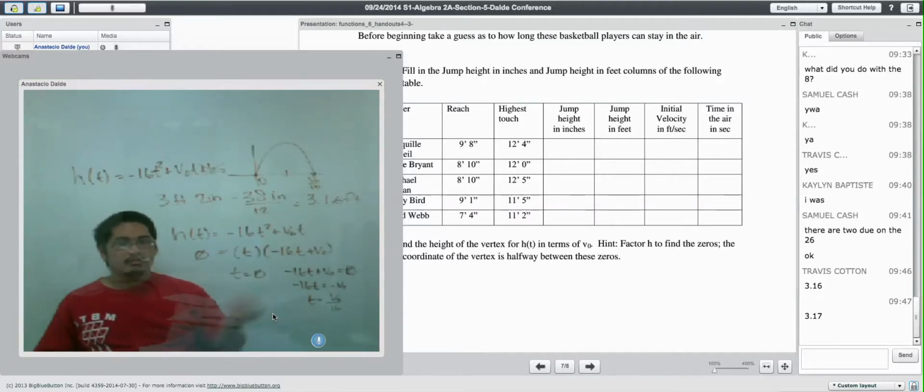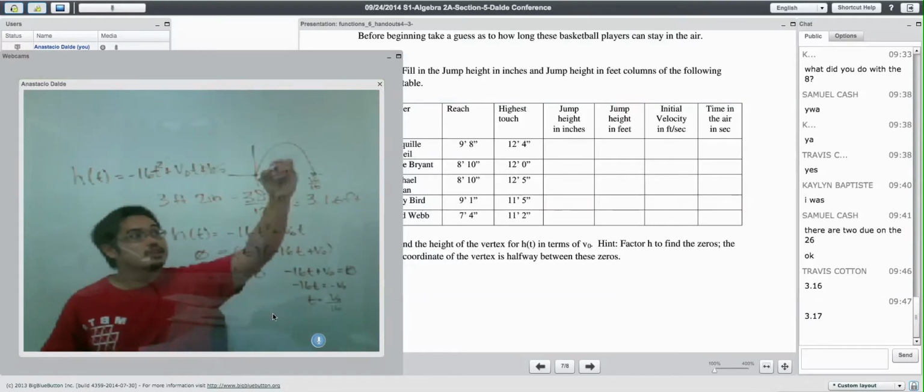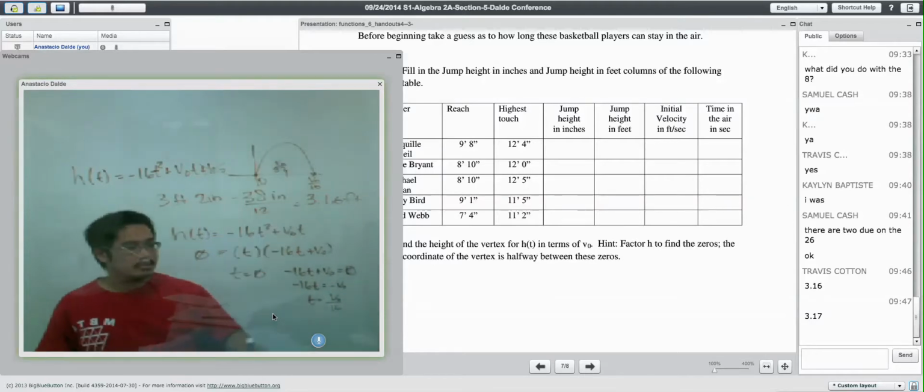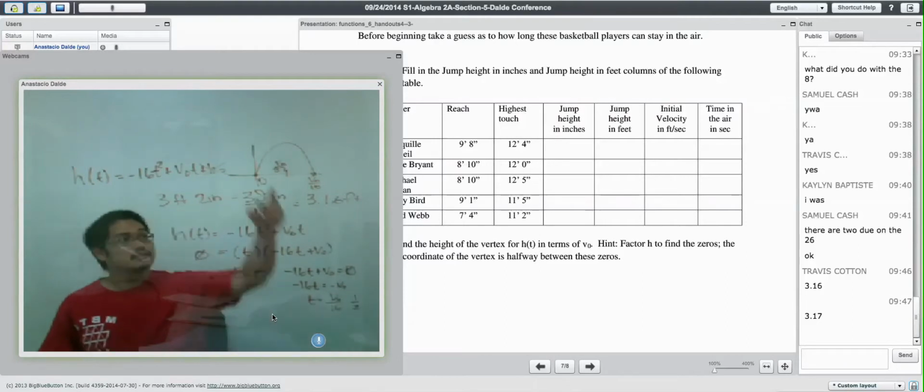So how do I figure out the halfway point? Well, I can just add these up and divide by 2. If one of them is 0, I can really just take the other and divide it by 2. So this is at time v naught over 32, because 1/2 of v naught over 16 is v naught over 32.